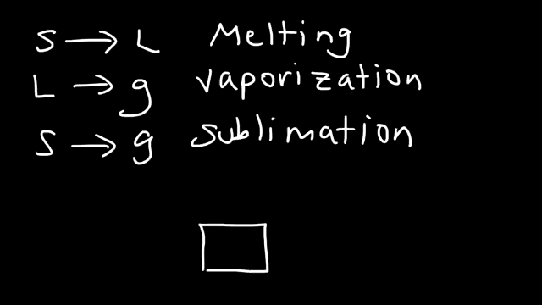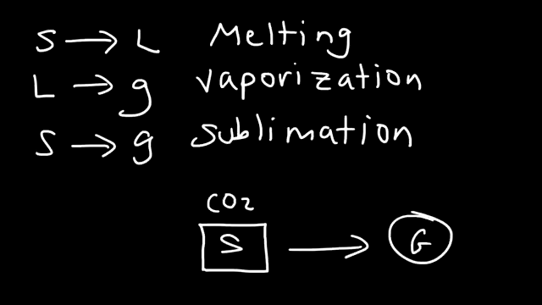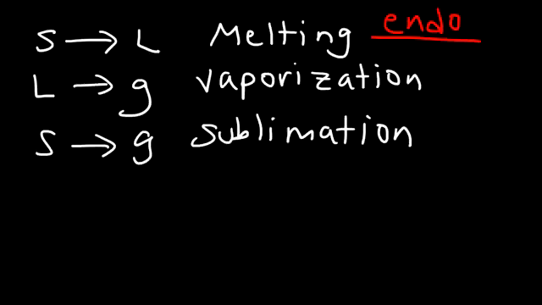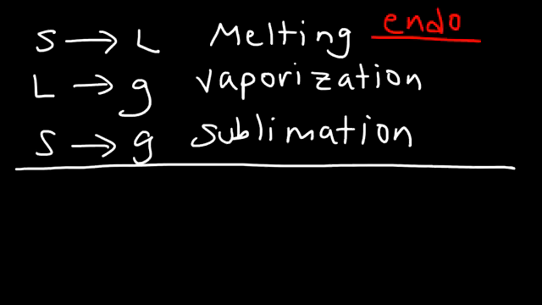Dry ice is solid CO2, carbon dioxide, and it will skip the liquid phase, thus it's called dry ice. It goes straight into the gas phase. The processes listed above are known as endothermic processes because they need to absorb heat to occur. The next three processes are known as exothermic processes because heat needs to be released from them in order for them to occur.